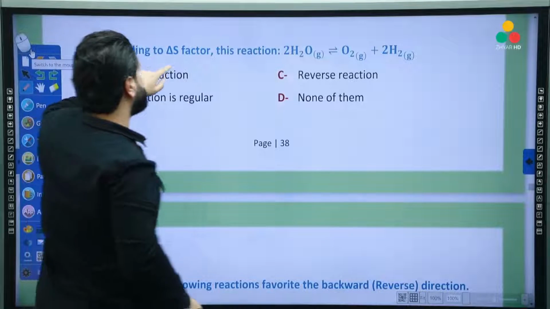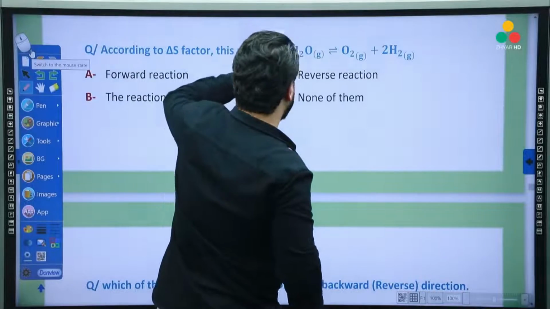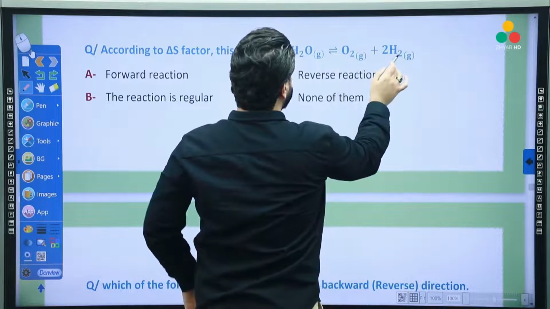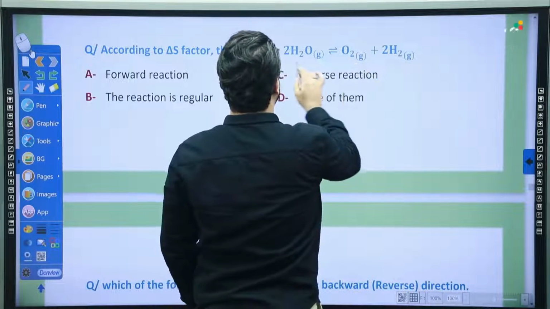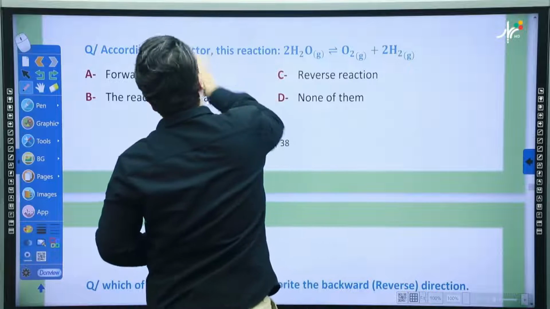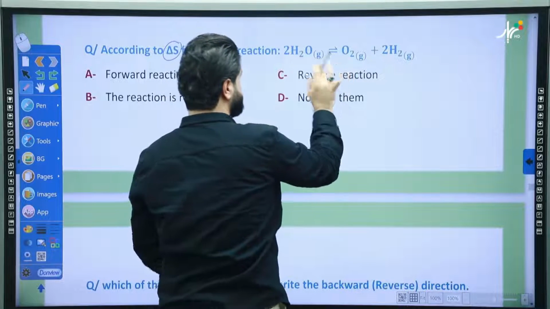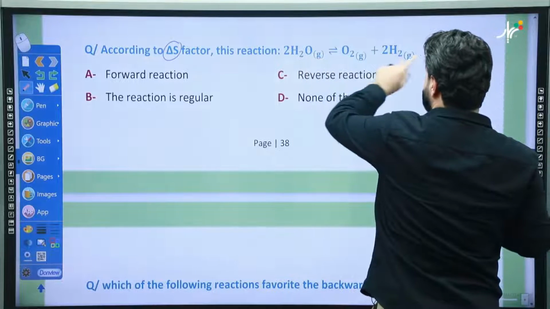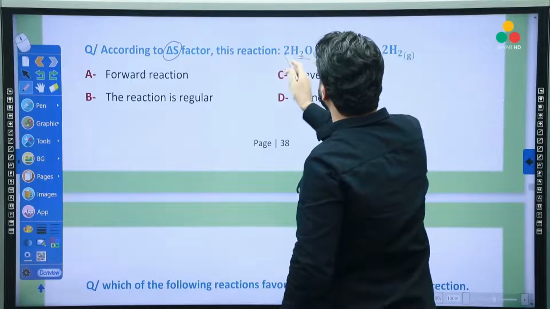According to delta S factor, let's identify delta S of this reaction. Gas, number of moles. Here we have 2 moles.